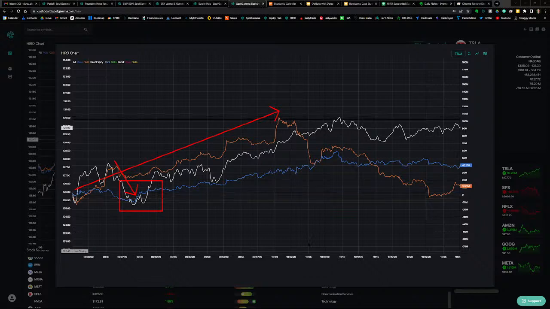And Sampan asked again, color white, blue, orange, and hero. And first of all, the legend is shown up here. I know it's a little bit small, may be hard to read on my screen, but calls are orange, puts are blue, so a rising orange line means that traders are buying calls.